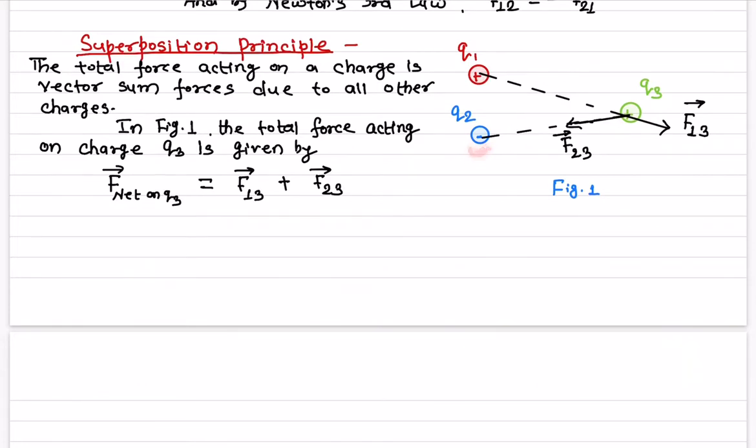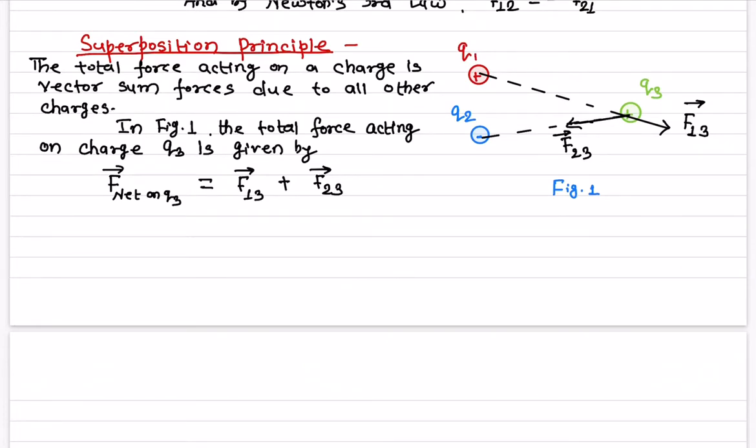Now the charge Q2 is negative and the charge Q3 is positive, so the force will be an attractive force. The direction is given this way because there is an attraction, so this direction is towards the charge Q2. Now how are you going to solve it?